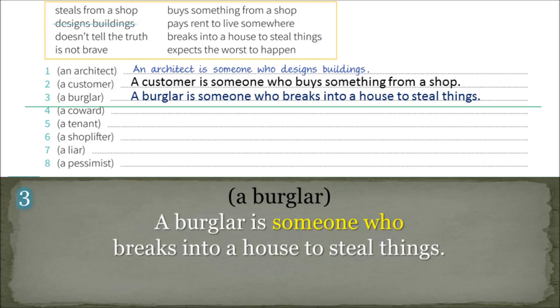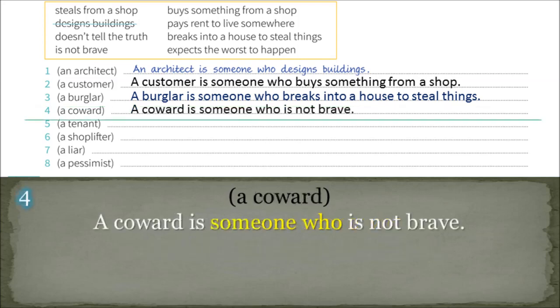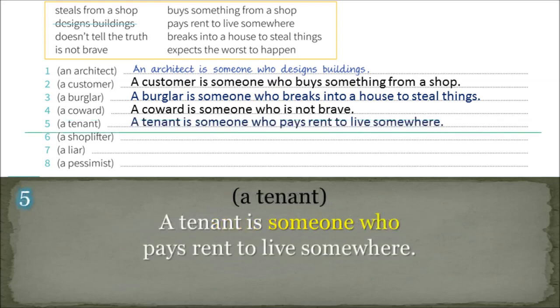A burglar is someone who breaks into a house to steal things. A coward. A coward is someone who is not brave. A tenant. A tenant is someone who pays rent to live somewhere.